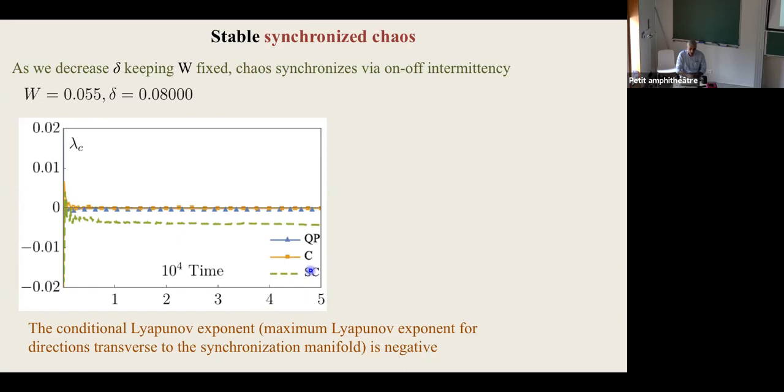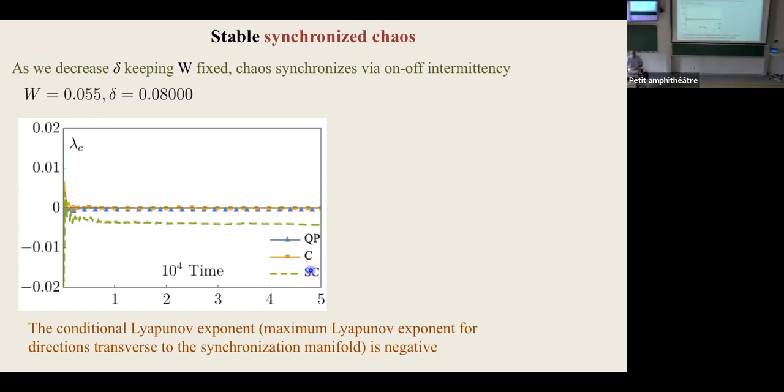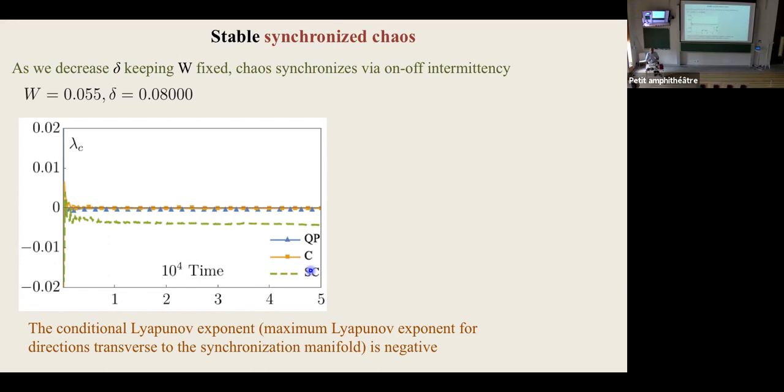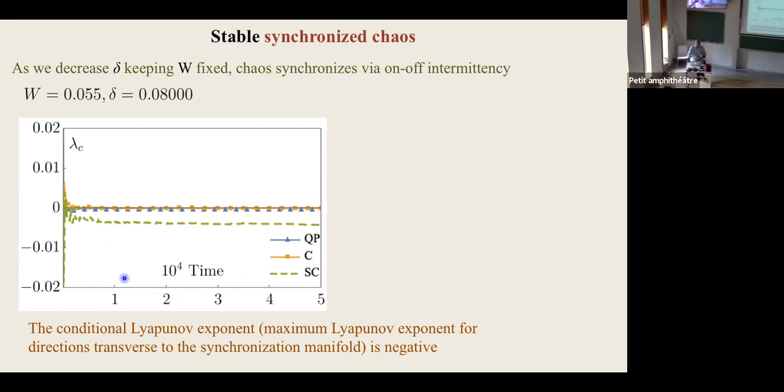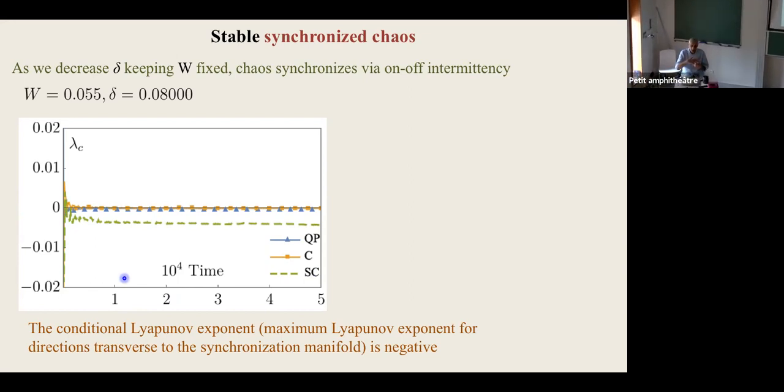It's chaotic, so the maximum Lyapunov exponent is positive. But the conditional Lyapunov exponent, that's the Lyapunov exponent for directions transverse to the synchronization manifold, the directions in which synchronization occurs. That one is negative. So in those three directions, it's not chaotic.